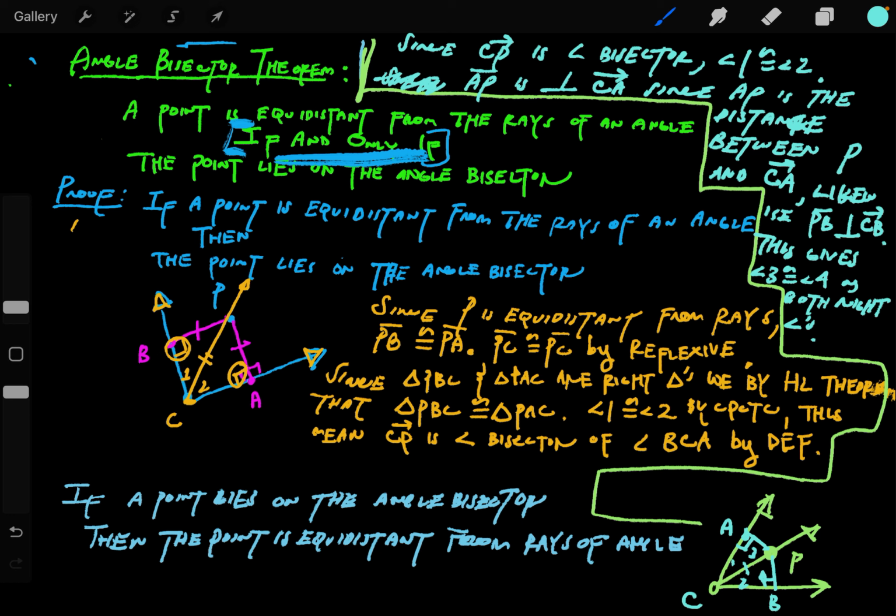Now the second to last thing you want to state is that you have CP congruent to itself by reflexive.